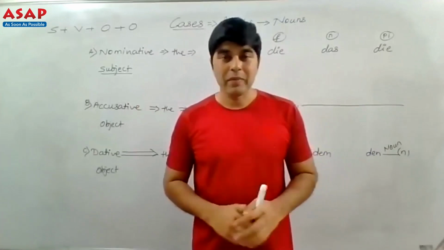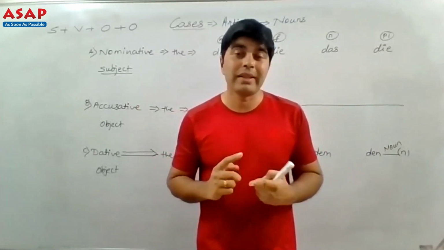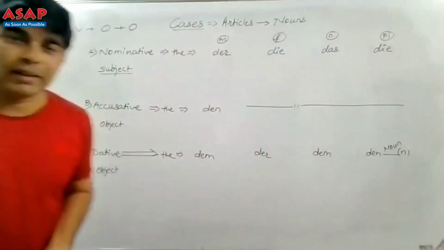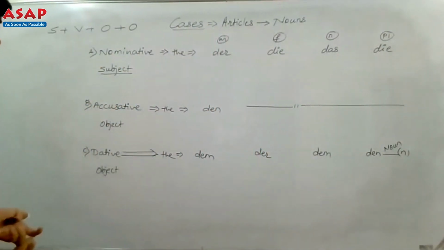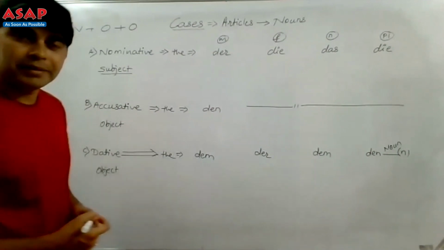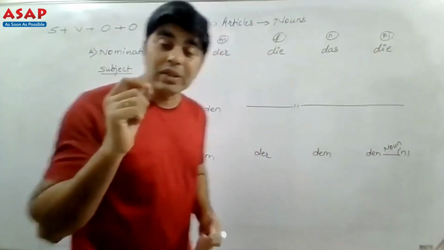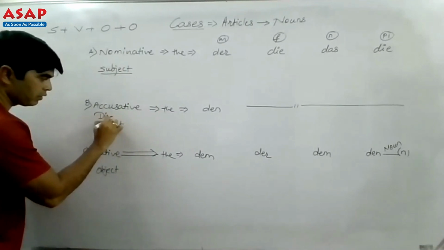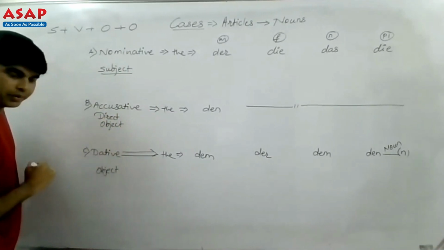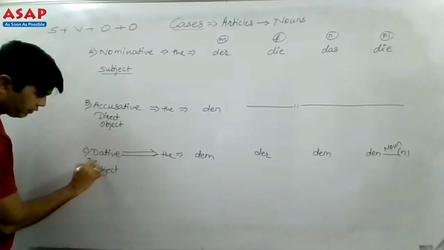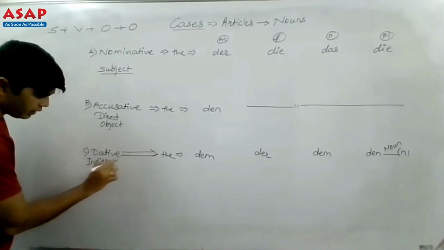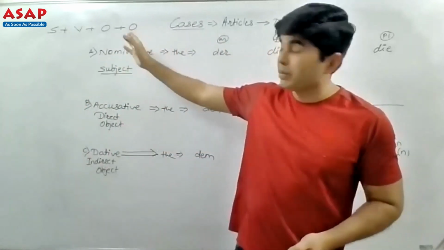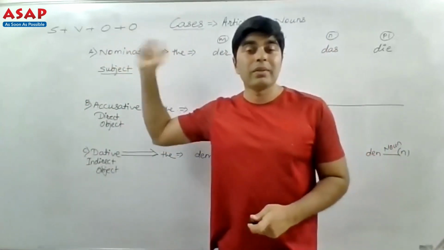How do you decide which object will take the accusative case and which will take the dative case? That depends on the type of object. Accusative is for the direct object, and dative is for the indirect object. So how do you decide which object is direct and which is indirect?